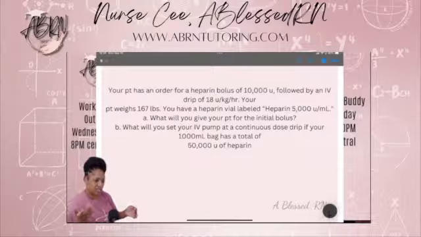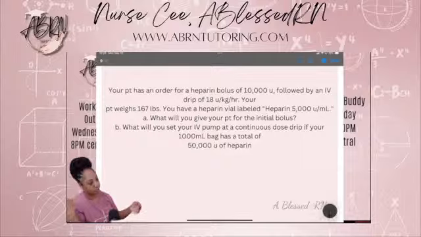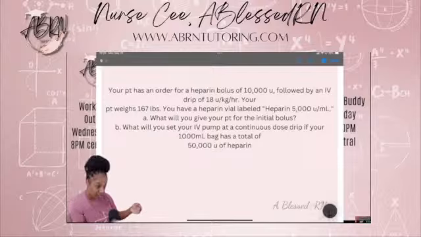Your bolus is separate from your drip. You give that first in order to get the medicine in the bloodstream at the level it needs to be at, and then you sustain that level with your drip that continuously goes. This is a lot of words, but I don't want you to get intimidated by it, okay?